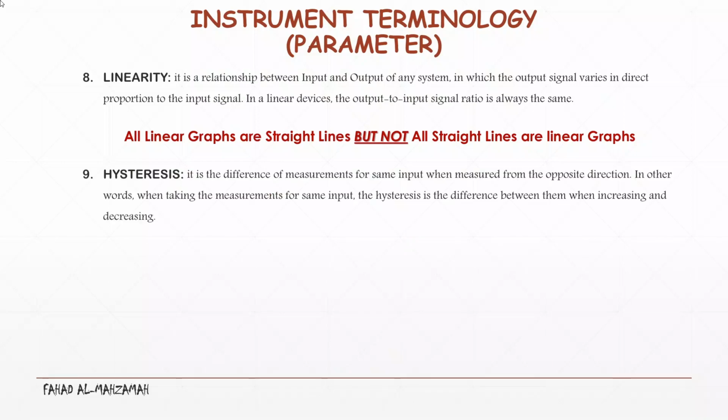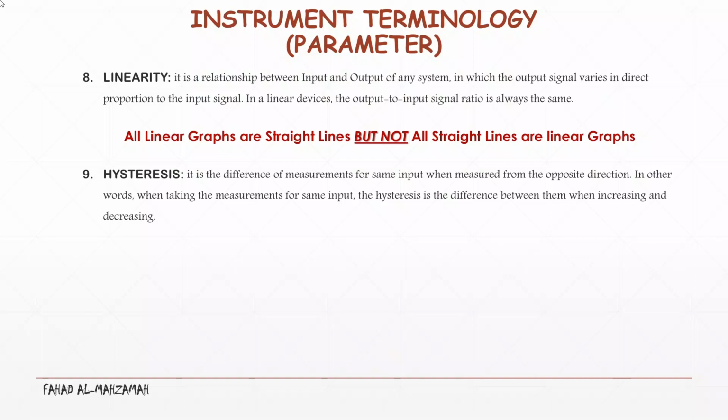What about hysteresis? In the measurements, sometimes you will take the measurements from 0 to maximum, and then you go back from maximum to minimum. The reason for taking these measurements is to check the hysteresis of the device.